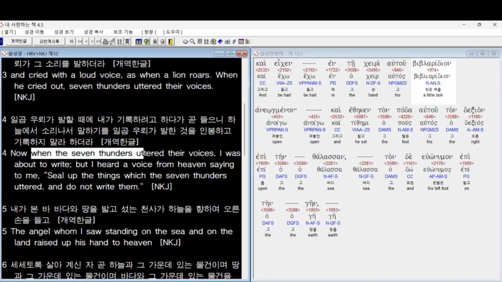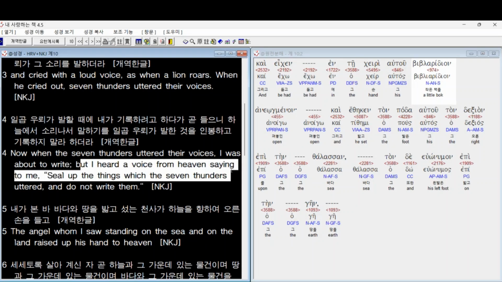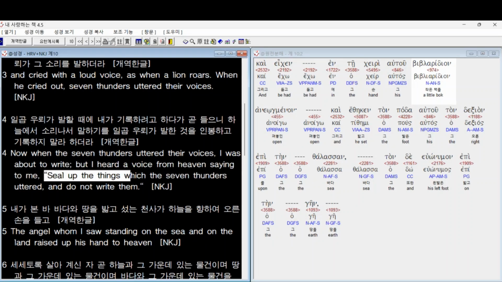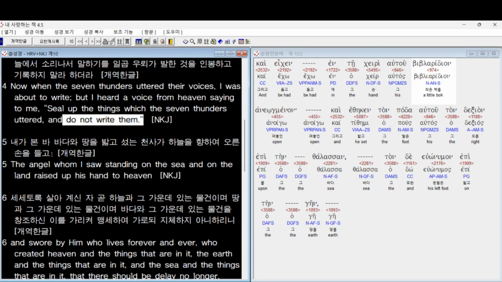When the seven thunders uttered their voices, I was about to write, but I heard a voice from the heaven saying to me, seal up the things which the seven thunders uttered, do not write them. Not yet. Because it is in the middle of the fifth day to the sixth day.